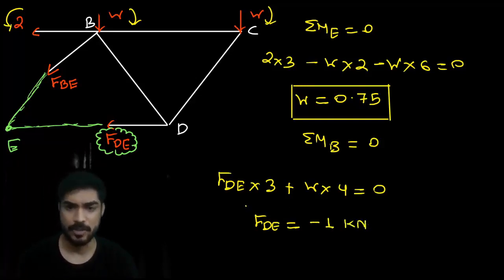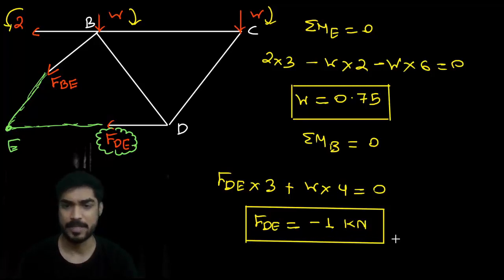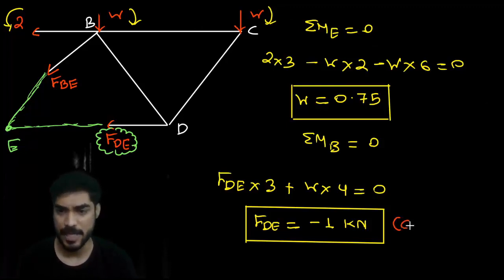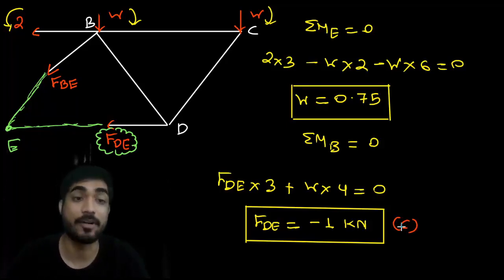Minus 1 kilonewton. Is it clear? Negative means it must be compressive, because we are assuming all tension. Yes? Very good, beta.